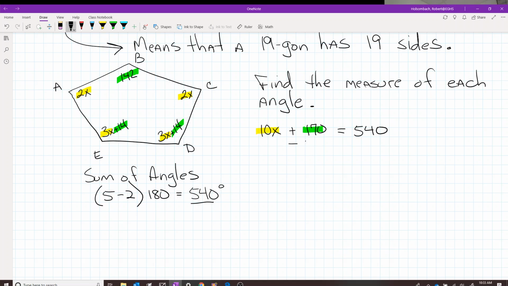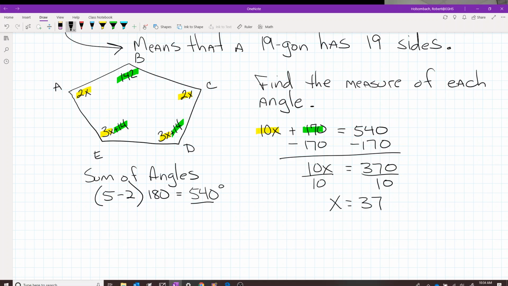If you subtract 170 from each side, your 10x will equal 370. Divide by 10, and your x is equal to 37.